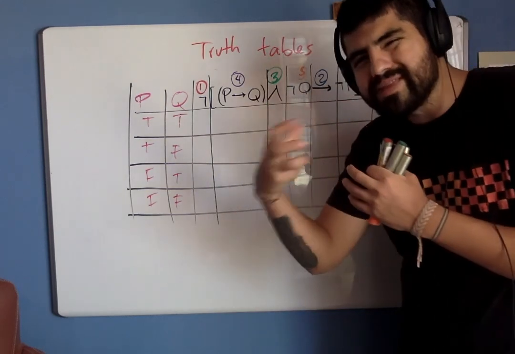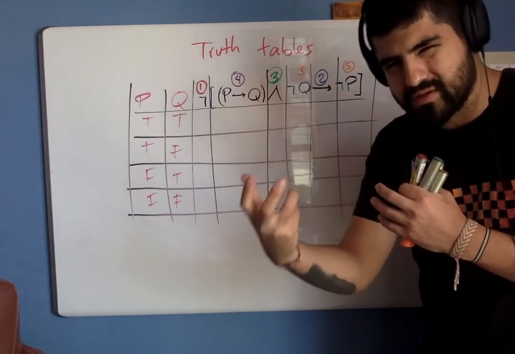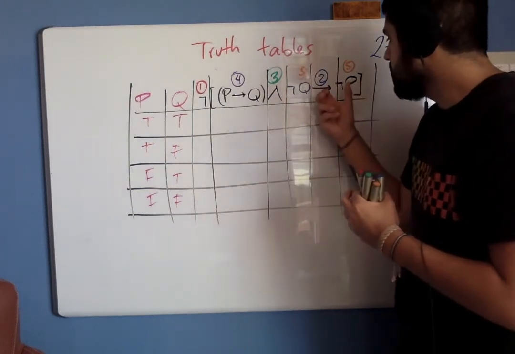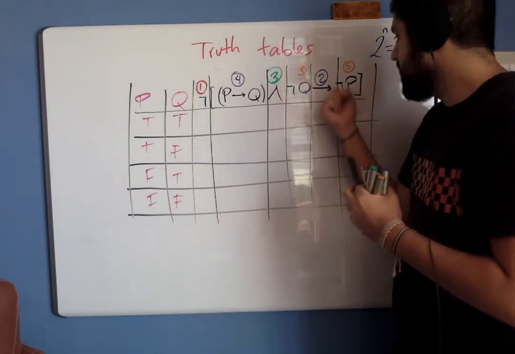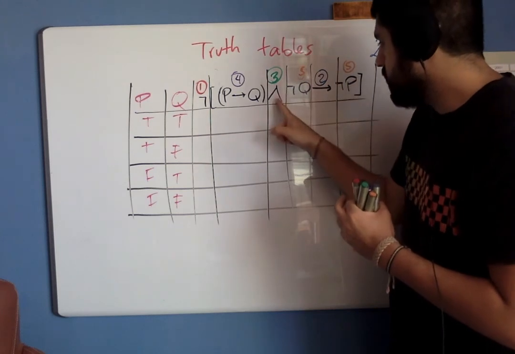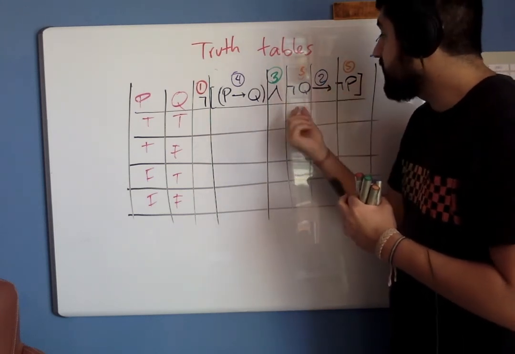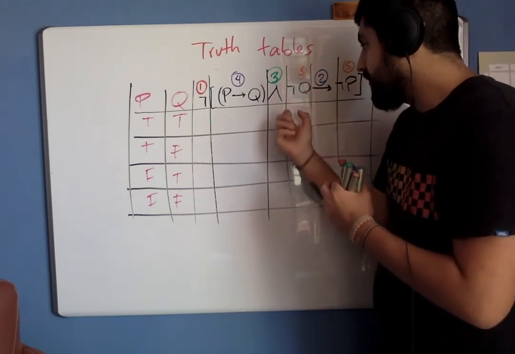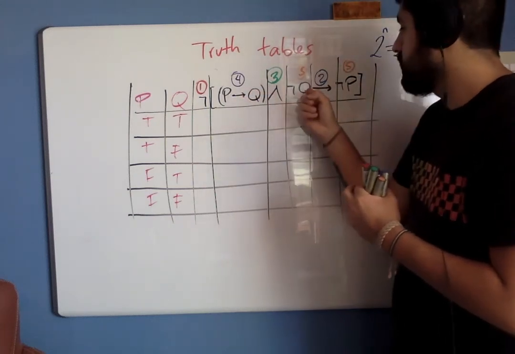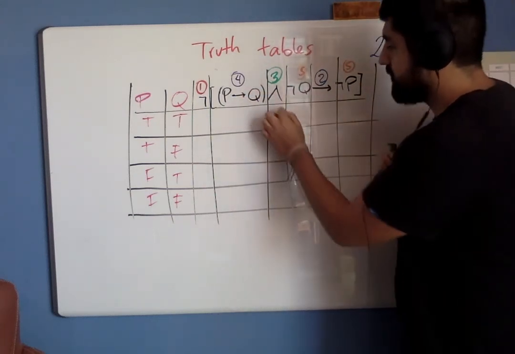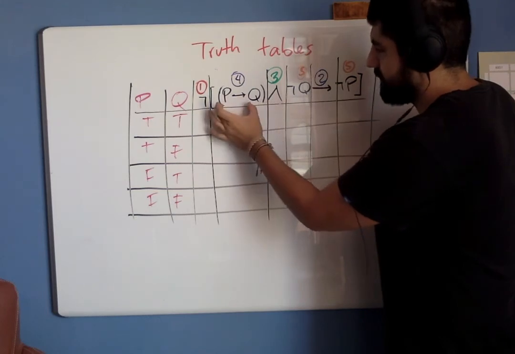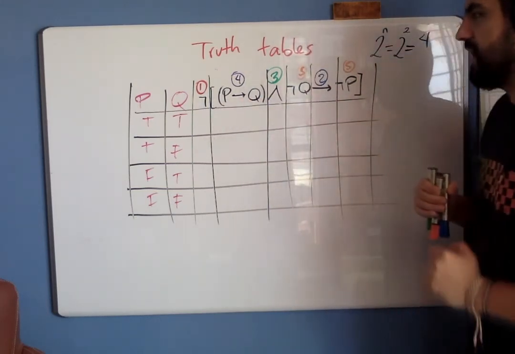It's trying to go deeper and deeper into the expression, okay? So this conditional needs the solution of number 3, but I see that number 3 needs first the solution of 4 and the solution of 5, because this conjunction is linking 4 and 5, okay?